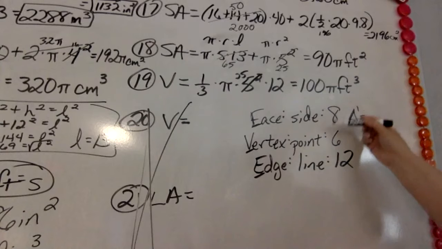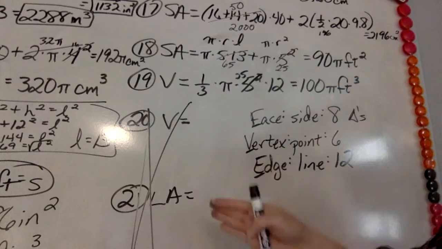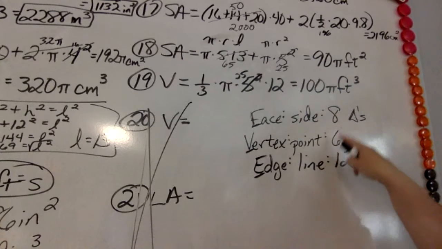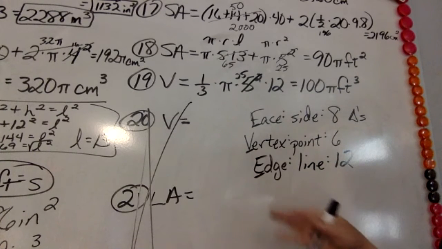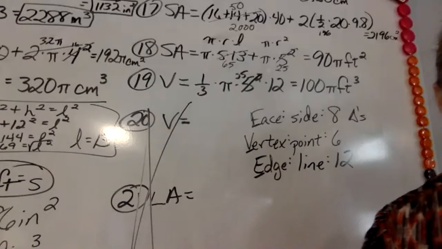It's taking the faces, the vertices, and the edges and plugging them into Euler's formula. You've got Euler's formula in your book, so you can look it up. It's also on your notes handout that I gave you in your folder. So you just take these numbers, plug them into the formula, and get your answer. So that's all you have to do on number 1 on the quiz. So that part pretty easy? Yes, ma'am. All right.